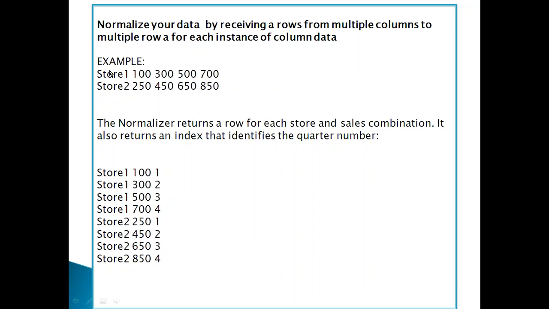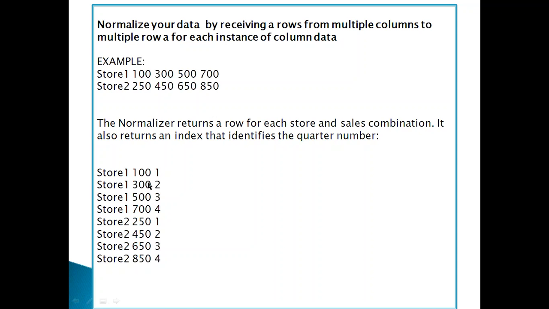Whatever is there in the rows here will be put into columns, so your target will look like this: store and sale, store and sale. Once you have completed store 1, you start with the next record, store 2. In this way you get your data from rows to columns.